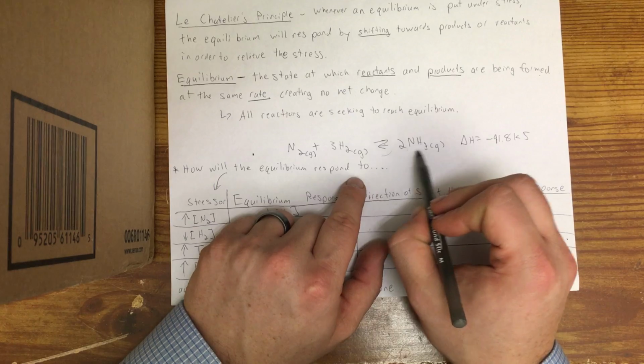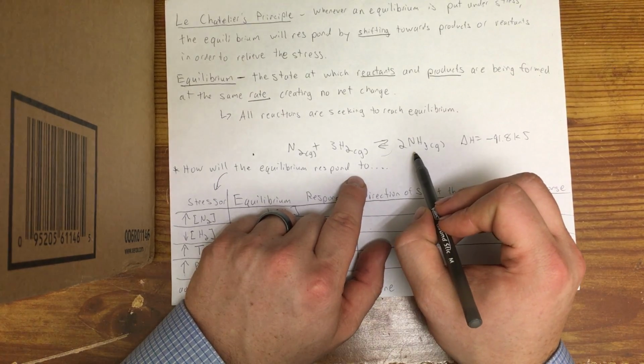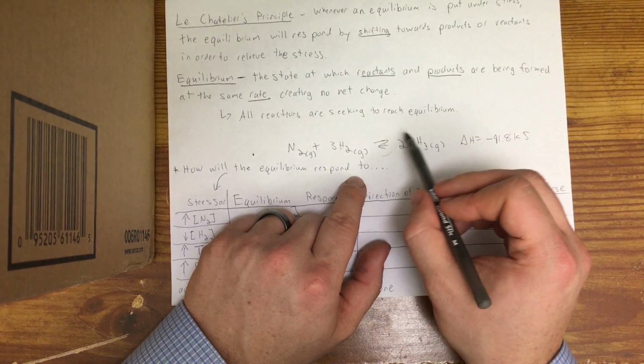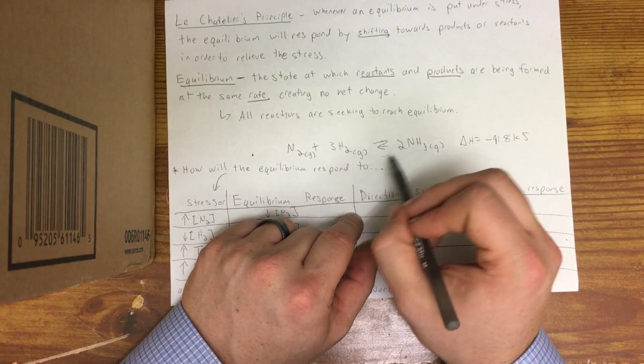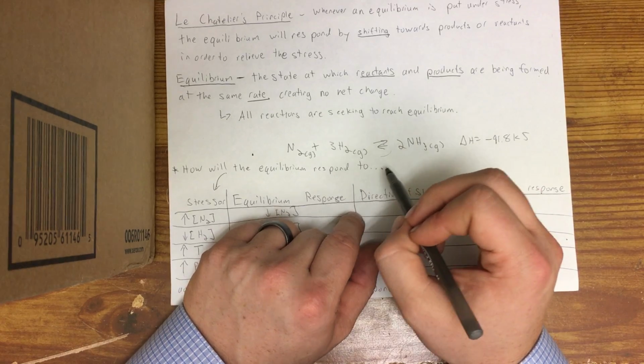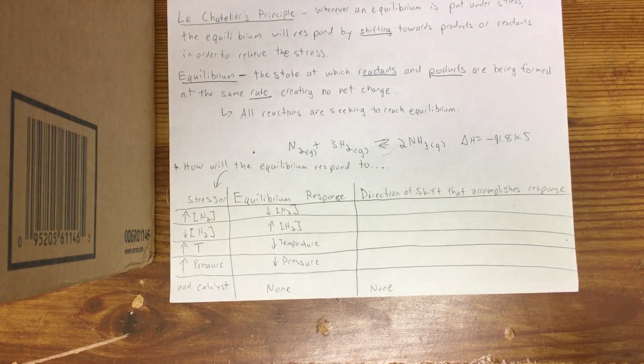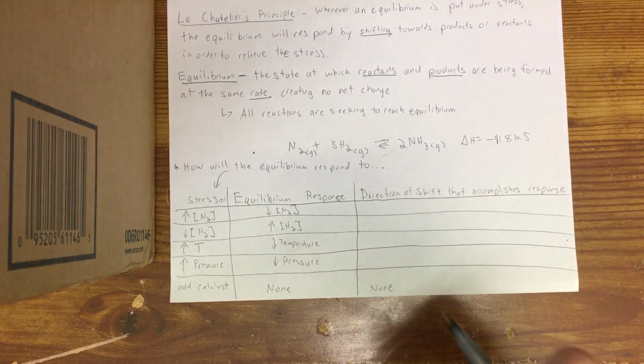And so as quickly as we're forming this product, ammonia, the ammonia is breaking back down to form reactants. So we keep cycling between these and kind of spinning our wheels and going nowhere, which is equilibrium in essence.